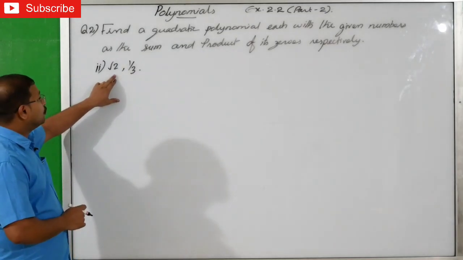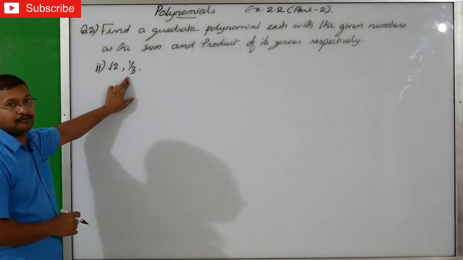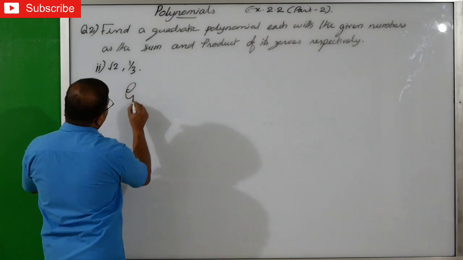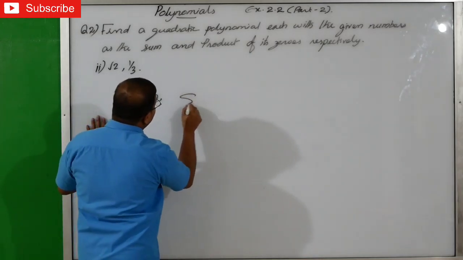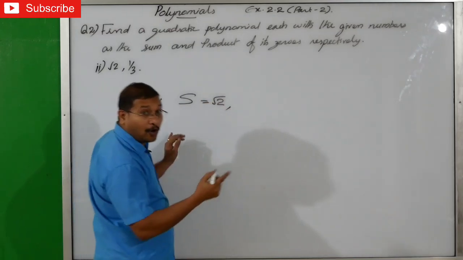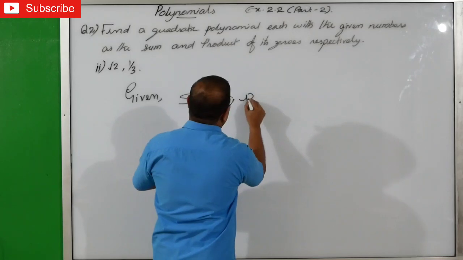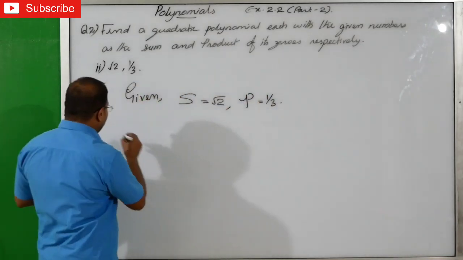Question 2. Root 2 is the sum and the product is 1 by 3. Ready? Given sum of the zeros, that you can write as symbol short s equals root 2, and the product of the zeros we can write p as 1 by 3. Ready?